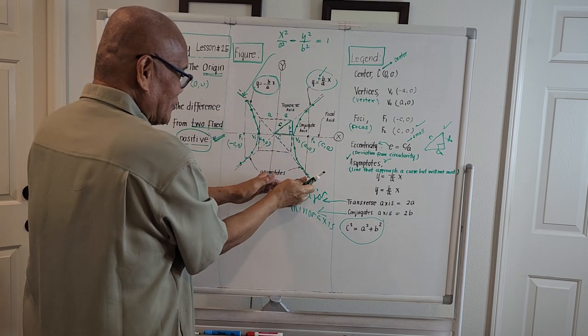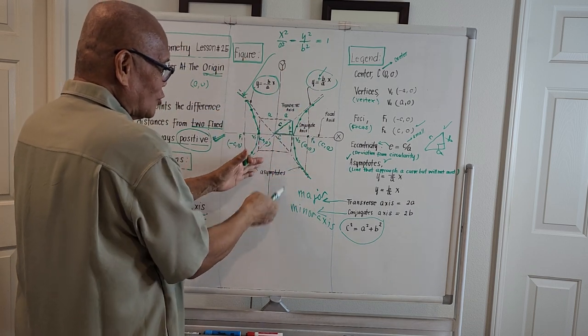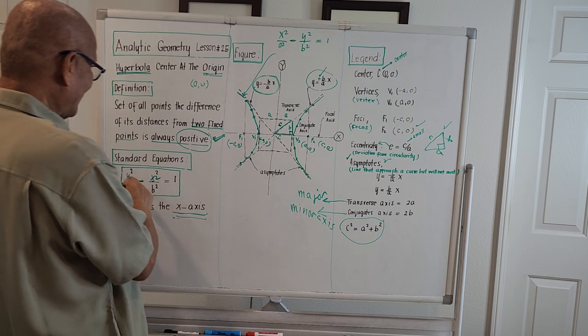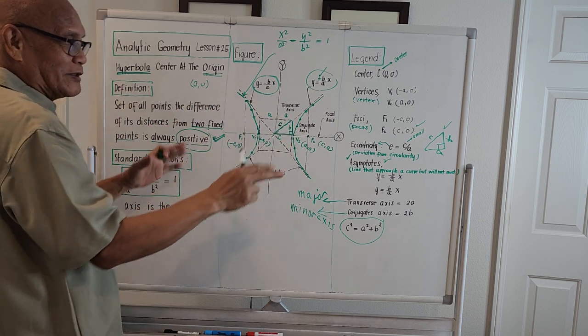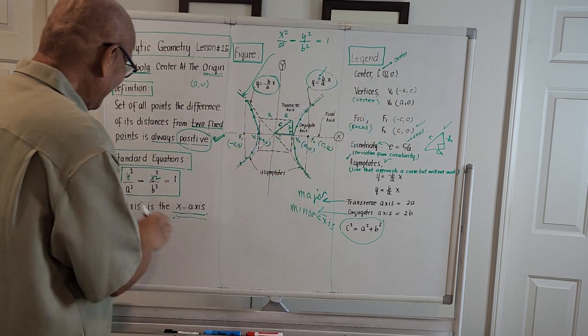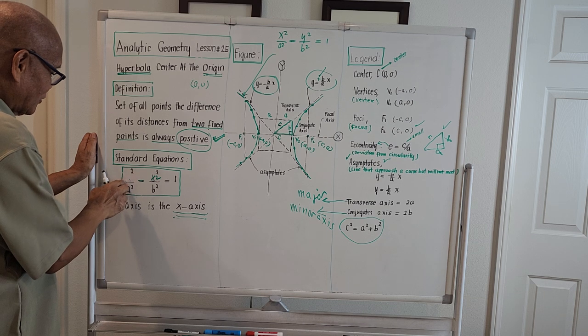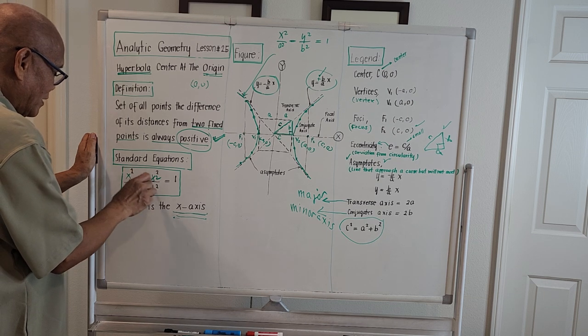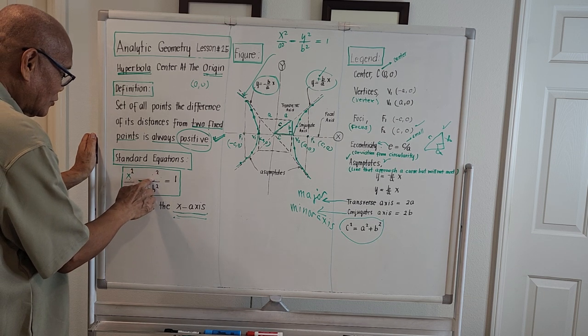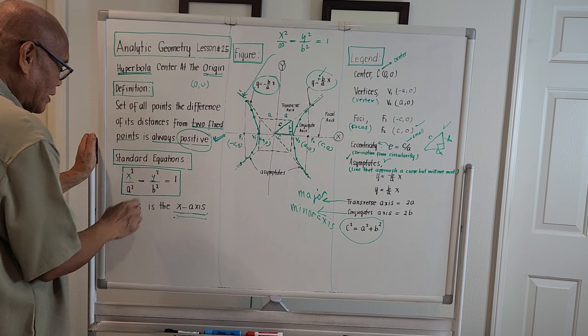It will be the reverse of this one. The transverse axis will be along the y-axis if we change this one. But for the meantime, that will be the next topic. So I will bring this back to x squared, and I will bring back this one to y squared.